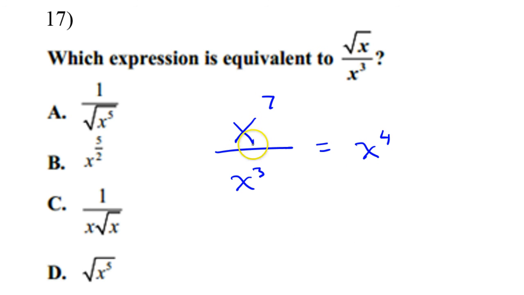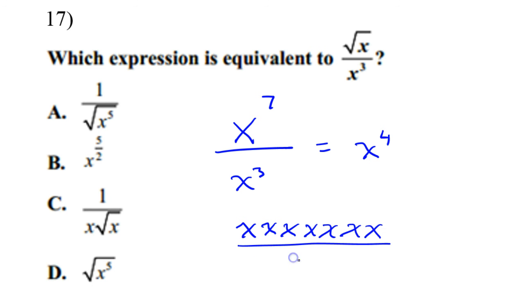The reason why is because x to the 7th power would be x times x times x, 1, 2, 3, 4, 5, 6, 7, over x to the 3rd power. The 3 x's in the bottom would cancel out 3 of the x's in the top, and that leaves 4 x's. Alright, that's why it's x to the 4th power.